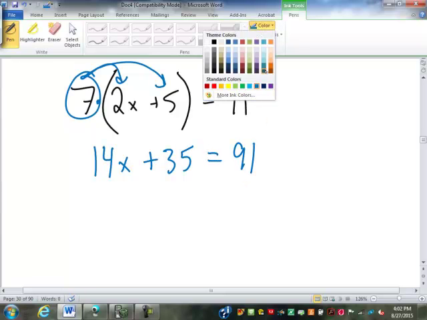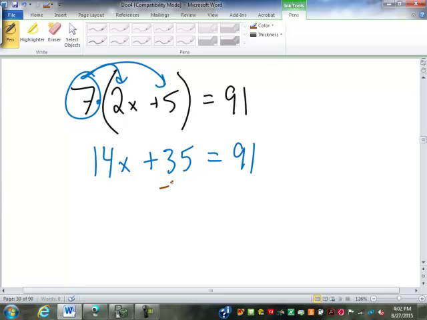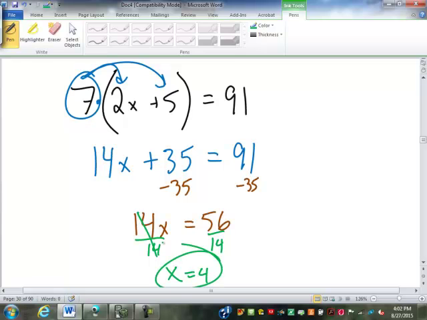And then subtract 35, giving us 14x equals 56. Good. And then divide by 14. X equals 4. Very good.